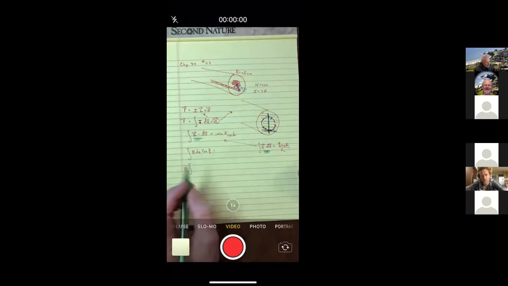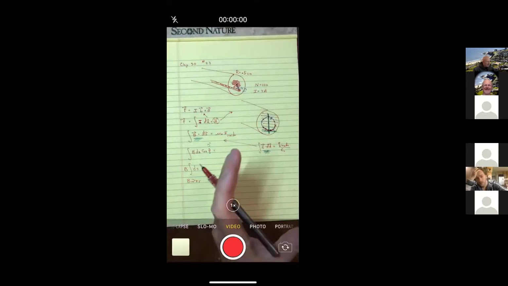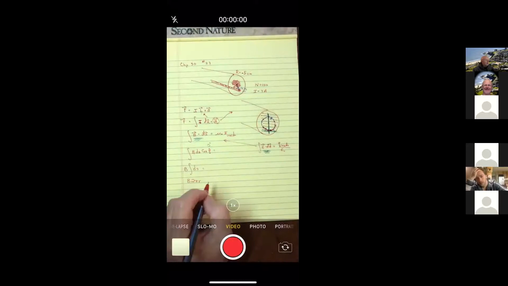So this would tell me that has to be 0 degrees, which would tell me this just becomes a ds, which then is just the circumference. And so that is B times 2 pi r. And so that's, I guess, the left-hand side of this Ampere's law.